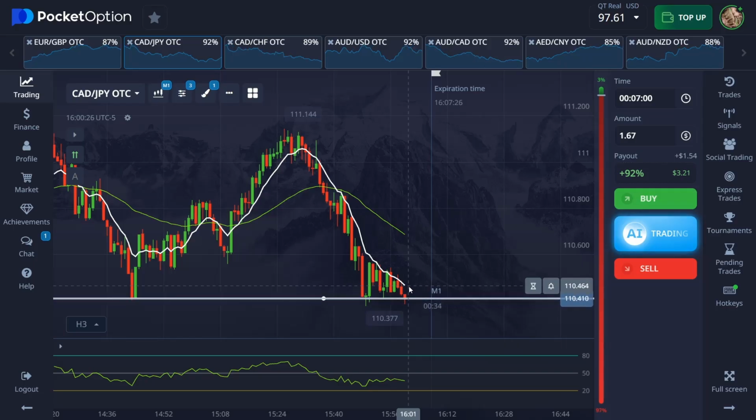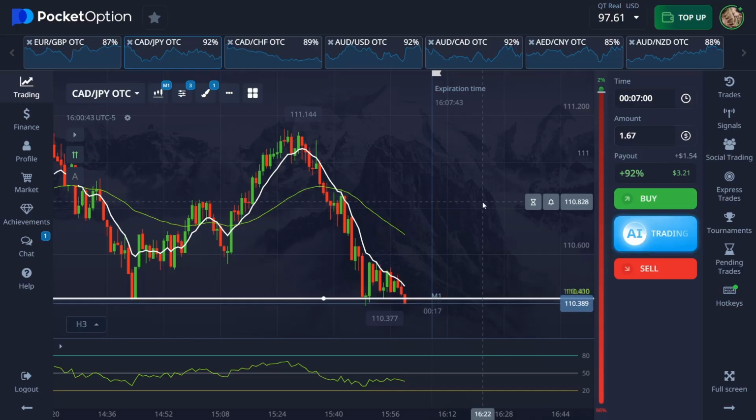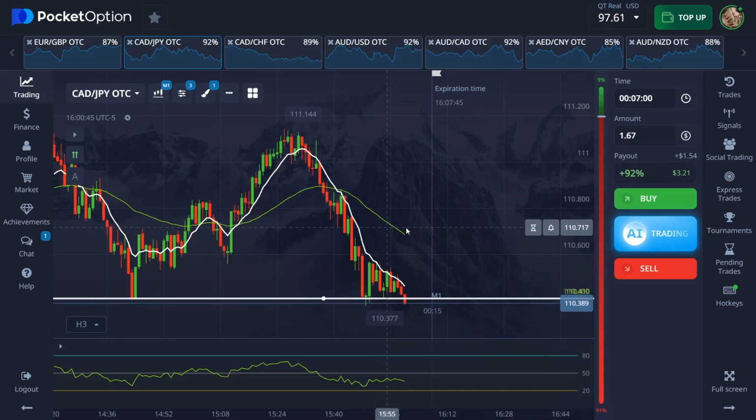But if it goes against you, if it goes below your entry point, then you lose, let's say, $1.67, which is basically what you were risking. You were risking $1.67 for 7 minutes.